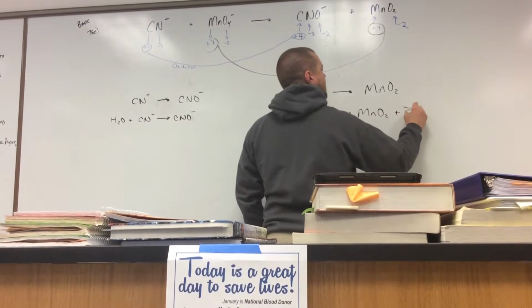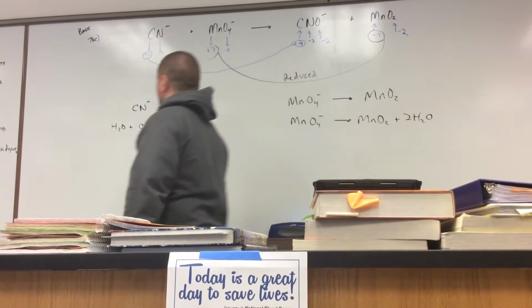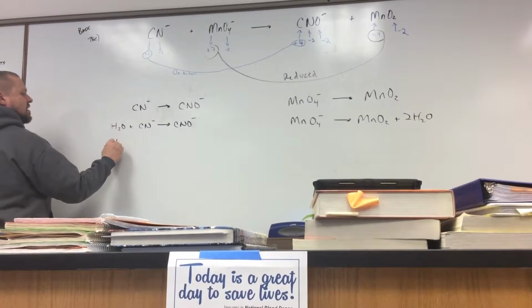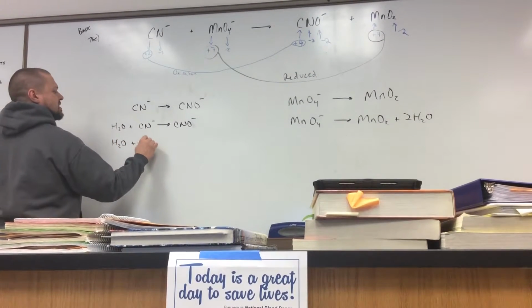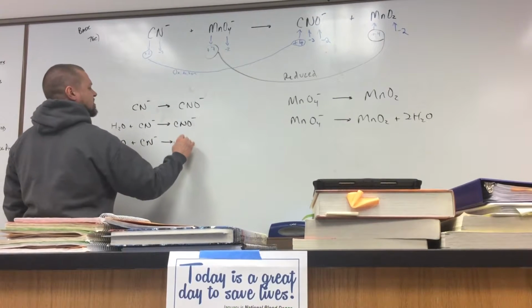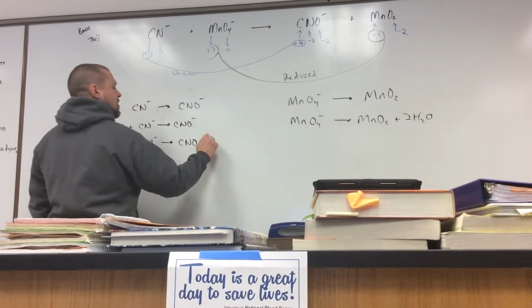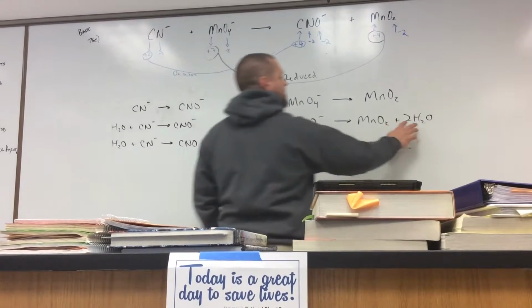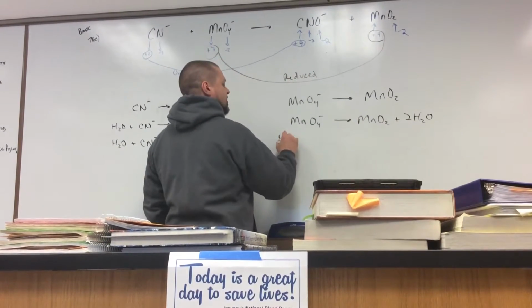MnO2 plus 2 H2O. H's, I got 2 H's here, so I'm bringing 2 H plus on that side, H2O. And you can take a picture of this at the end if you want. Does that make things easier? Is that good for you guys? Sure. And then this, I got 4, so I'm going to bring 4 H pluses over here.